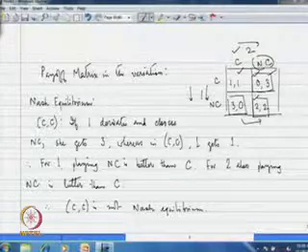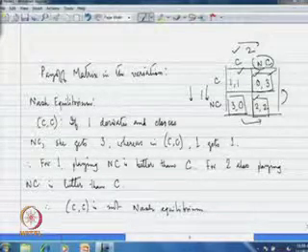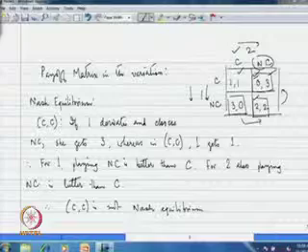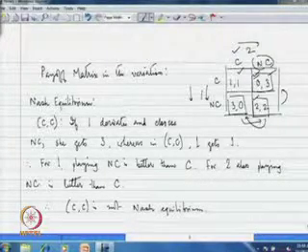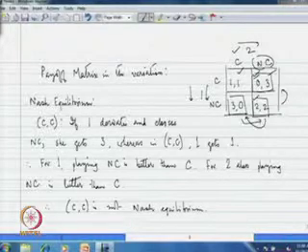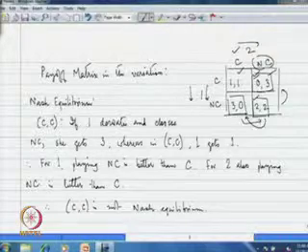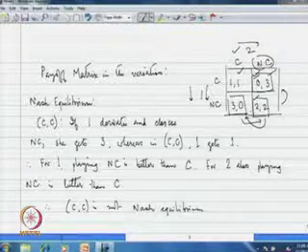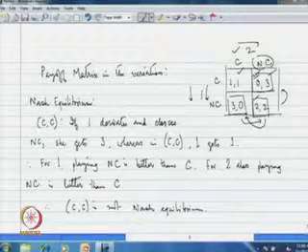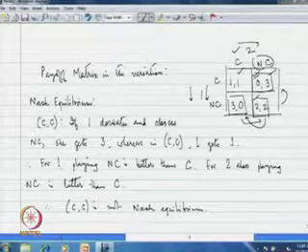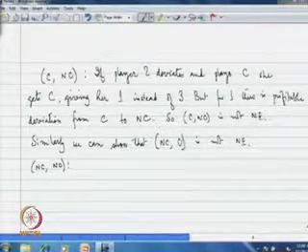Now, if player 1 deviates and plays C, then player 1 will be getting 0. If player 2 deviates to C, then also player 2 will be getting 0 instead of 2. So, deviation from NC by each player reduces that player's payoff, and therefore, this NC that we are considering here is a Nash equilibrium.